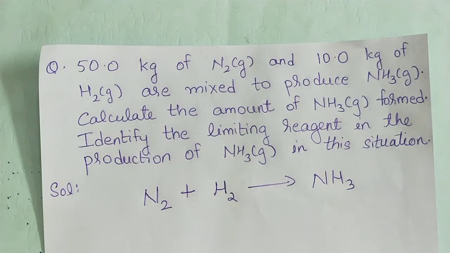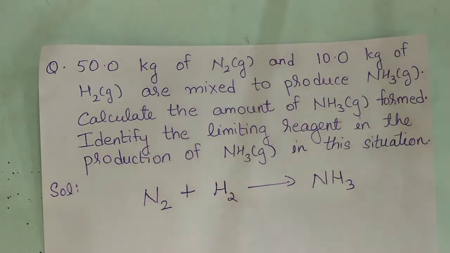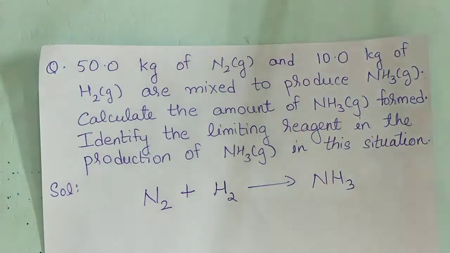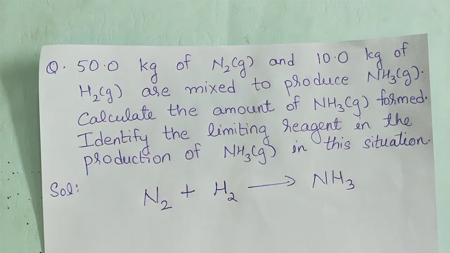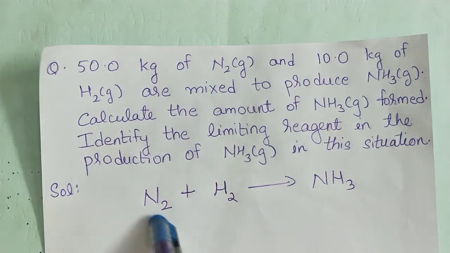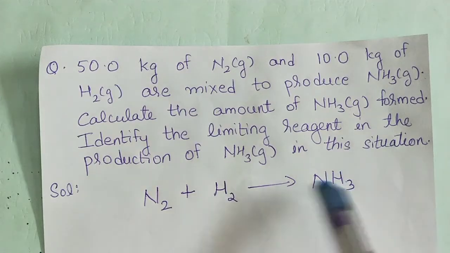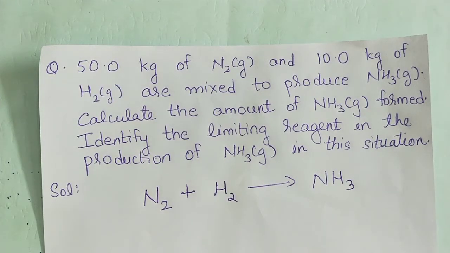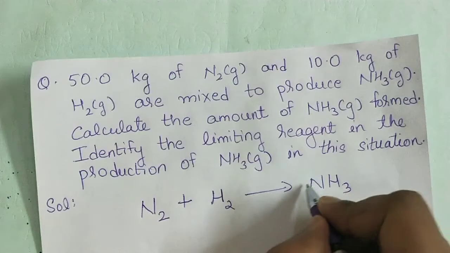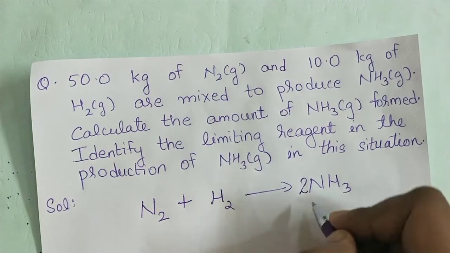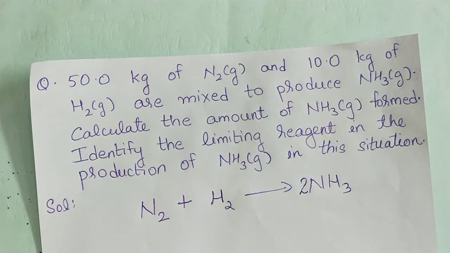Now look at this equation, whether it is a balanced chemical equation or not. When we look at it, we see that you have two nitrogens on the reactant side, but only one nitrogen on the product side. So you need to increase the number of nitrogen on the product side.